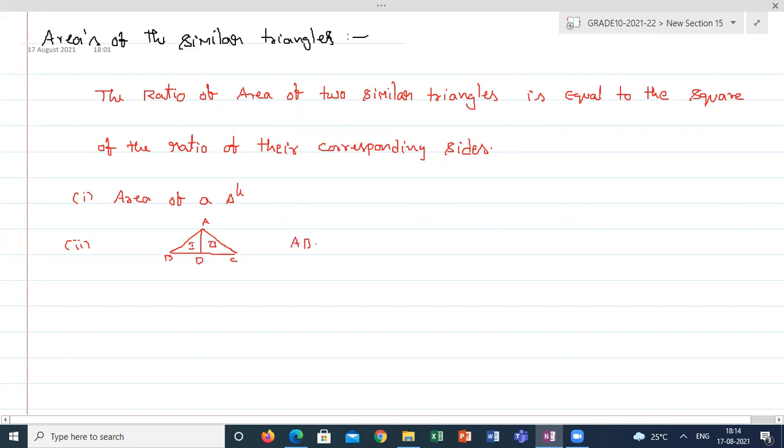ABC, ADC, and ADB are similar. With these two points in mind, I can prove this theorem very easily.